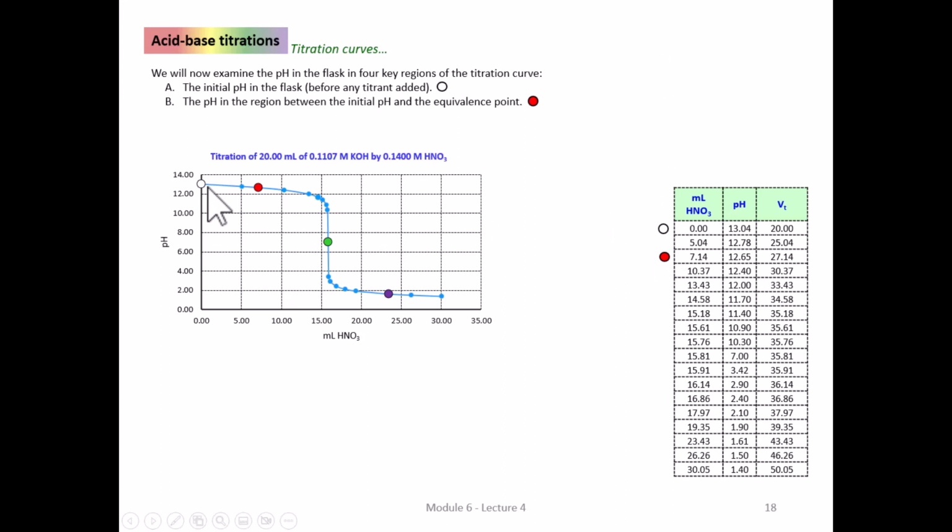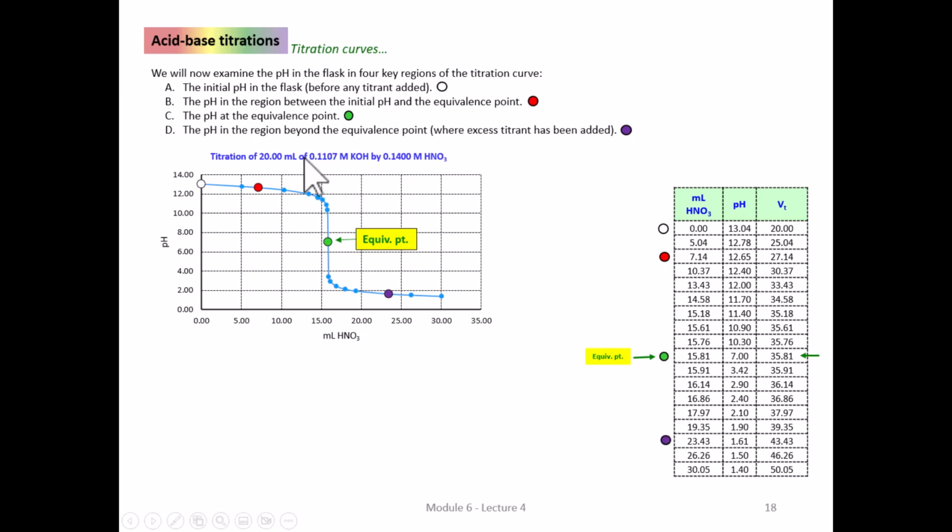We'll choose a point in the region between the initial pH and the equivalence point. We'll look at the pH at the equivalence point, and we'll look at the pH in the region beyond the equivalence point where excess titrant's been added.